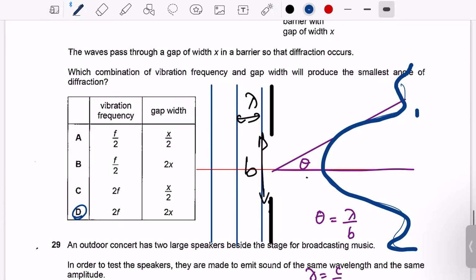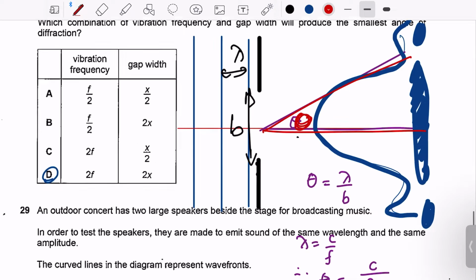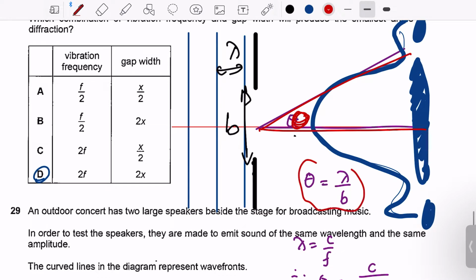What it means is there's a bright fringe here and then darkness, again bright, here bright, like this. And listen to me for a minute. This angle shows how much it spreads, the amount of diffraction, and it depends on lambda and b. We can get this from this equation. So if theta is big, it means it spreads, good diffraction.